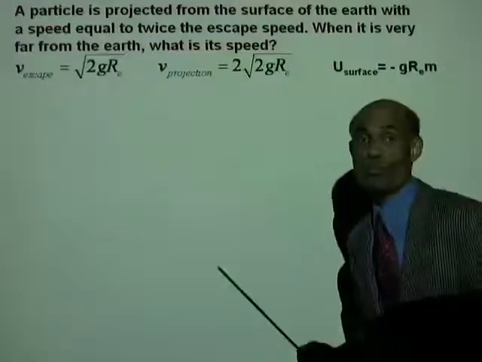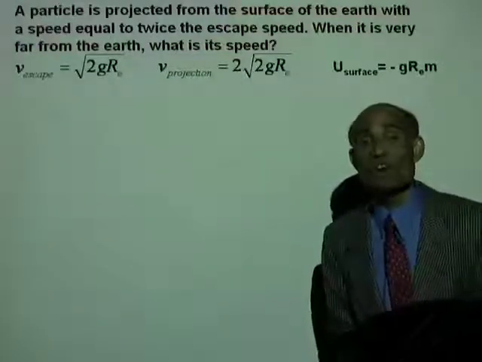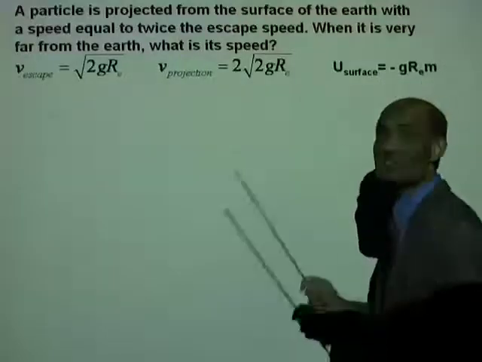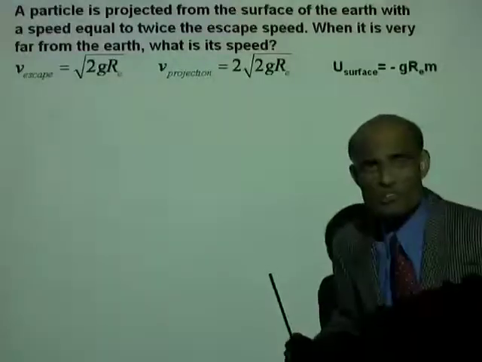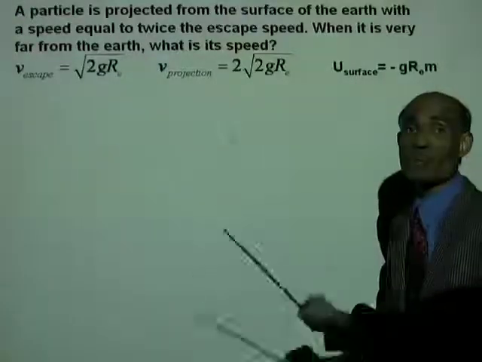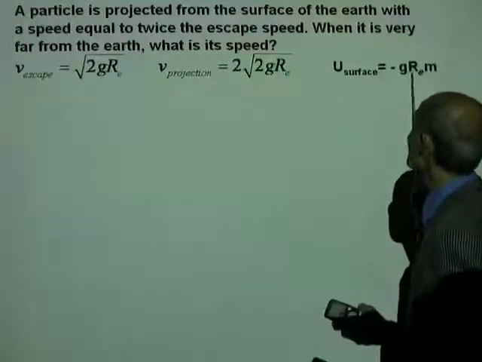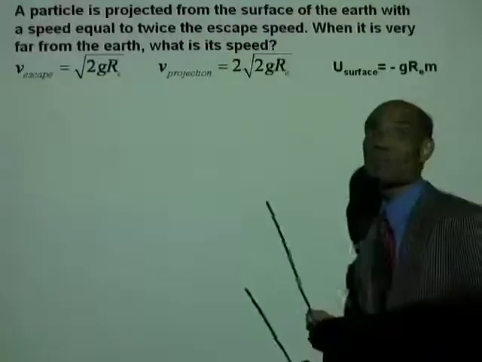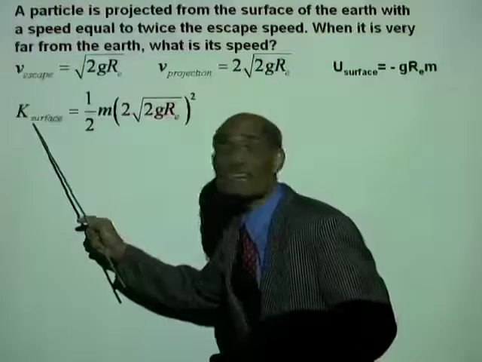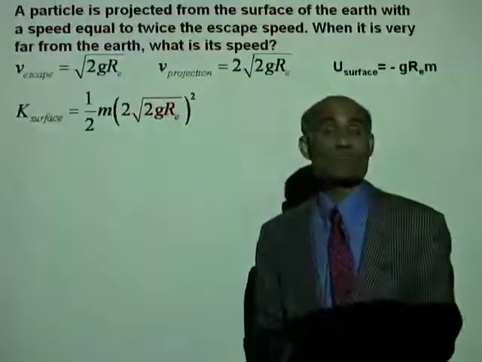And what is the potential energy on the surface of the earth? You must make this equation familiar and accessible to you all the time. The potential energy on the surface of the earth is negative GREM. What is the kinetic energy on the surface of the earth?